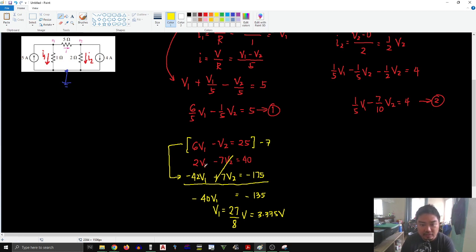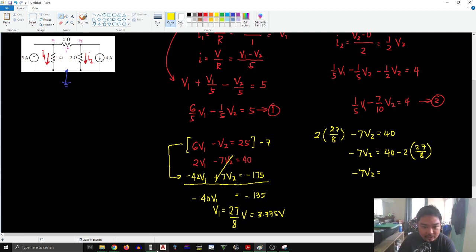So, let us try to use the second equation, which is 2 times the b1 of 27 over 8 minus 7 b sub 2 is equal to 40. So negative 7 b sub 2 is equal to 40 minus 2 times 27 over 8. Let me just grab my calculator here.